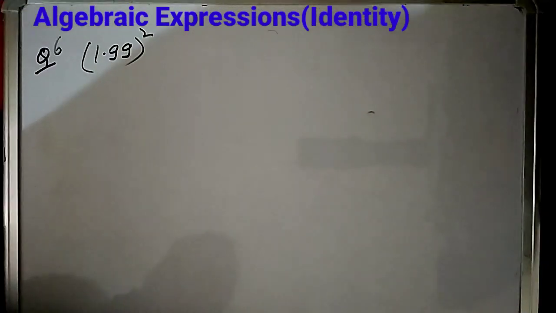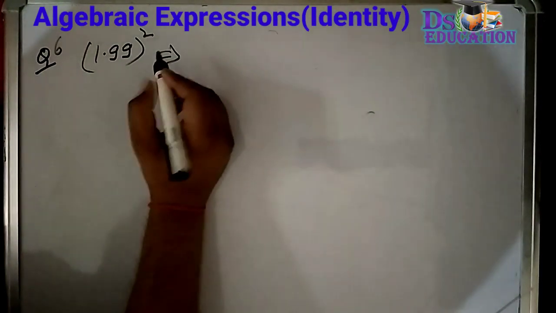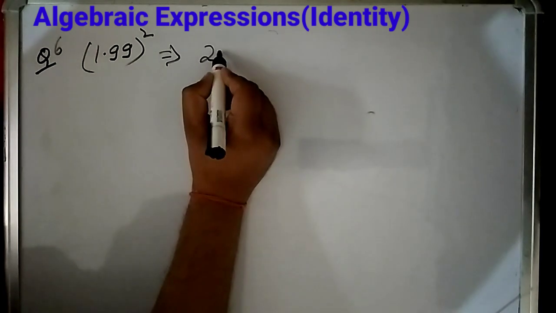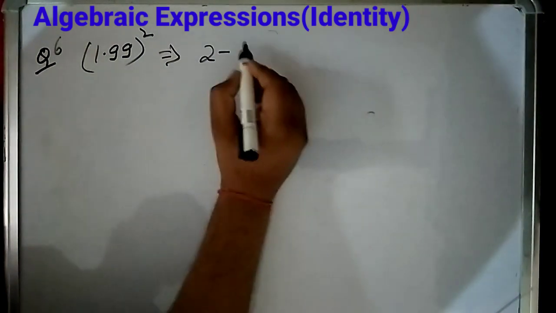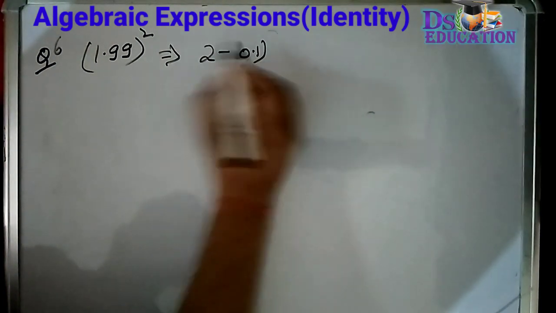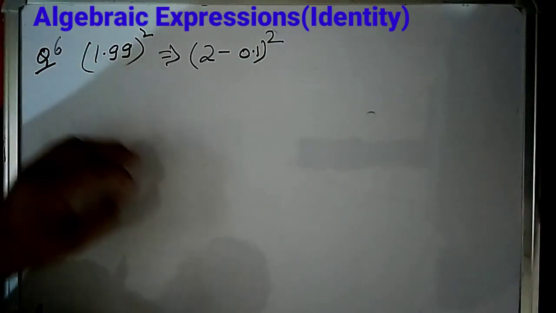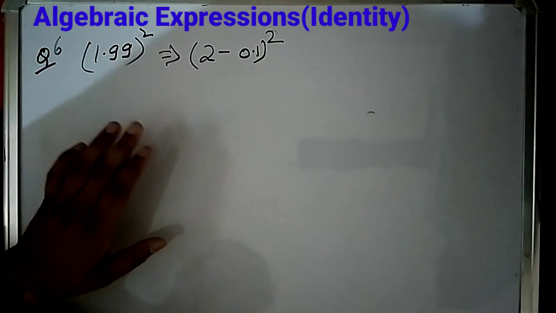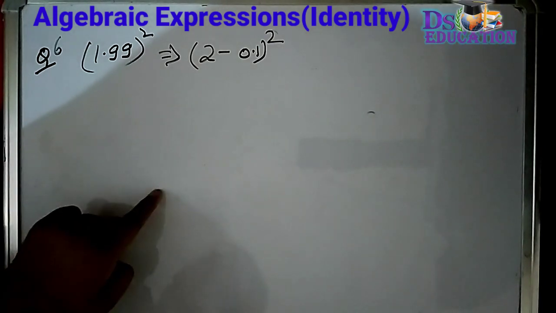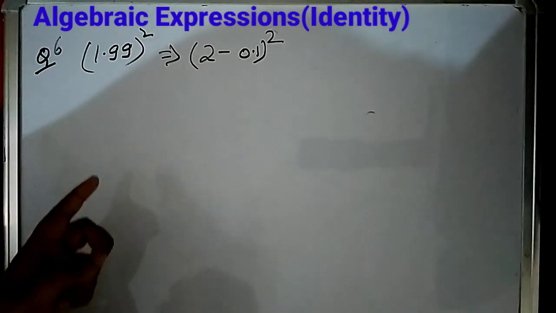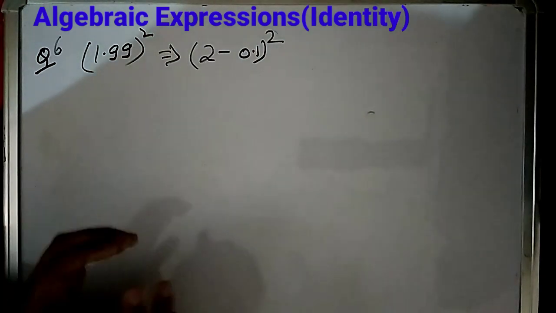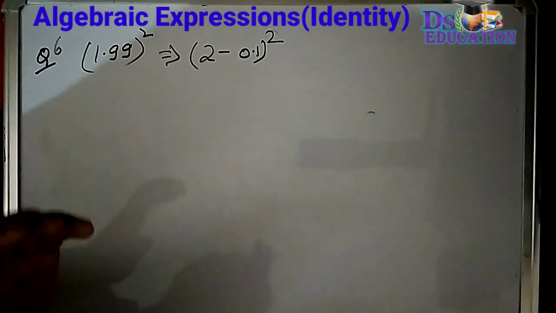If you talk about this question, 1.99 whole square, it is a decimal value. No problem. We will convert it into 2 minus 0.1. Now many students will say, sir, we can write 1 plus 0.99. Definitely you can write that, but to get the multiple of 99, either in the form of a decimal or a whole number, it will take a little more time.